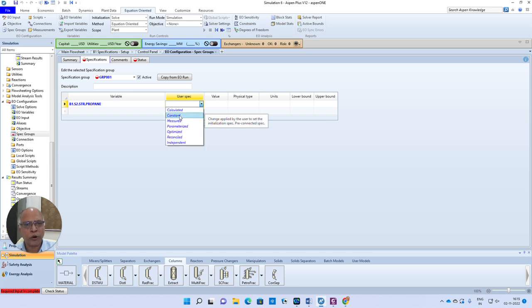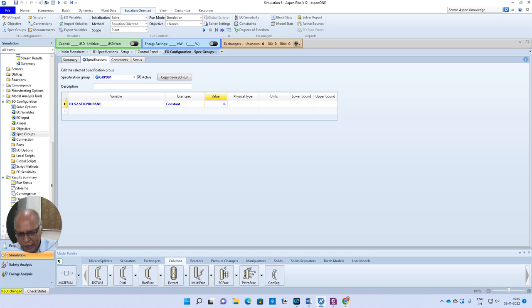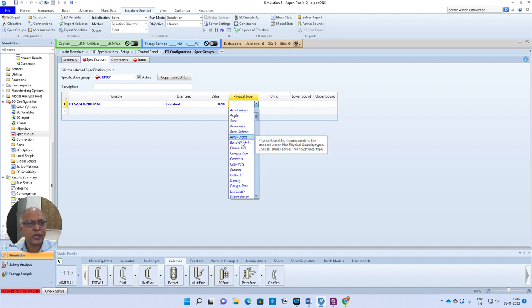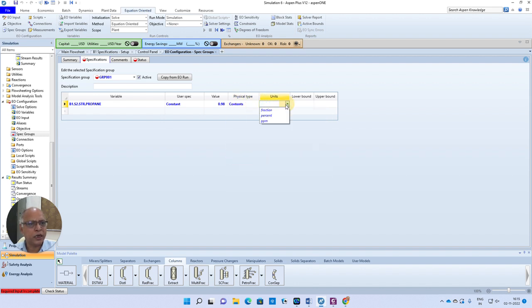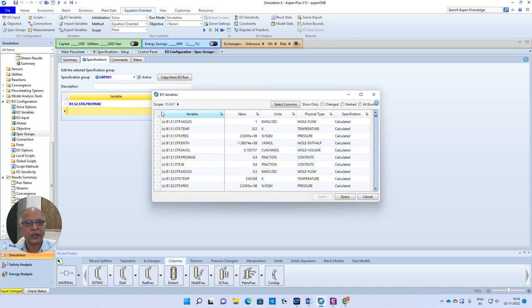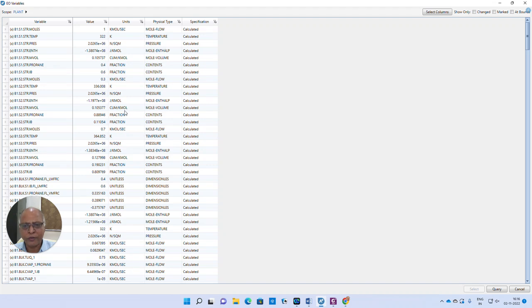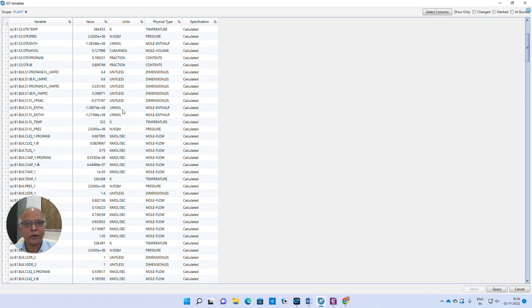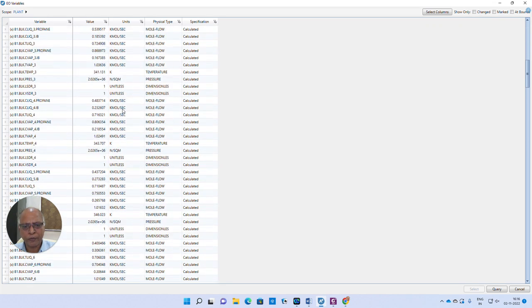Now I would like to provide information with respect to this, and the value that I am looking at is 0.98. What is the physical type? You can say maybe contents, and units, there is fraction, so it will not have any units. Right? Now, in order to achieve this, you can manipulate the reflux ratio, which we have given initially as 2.5.